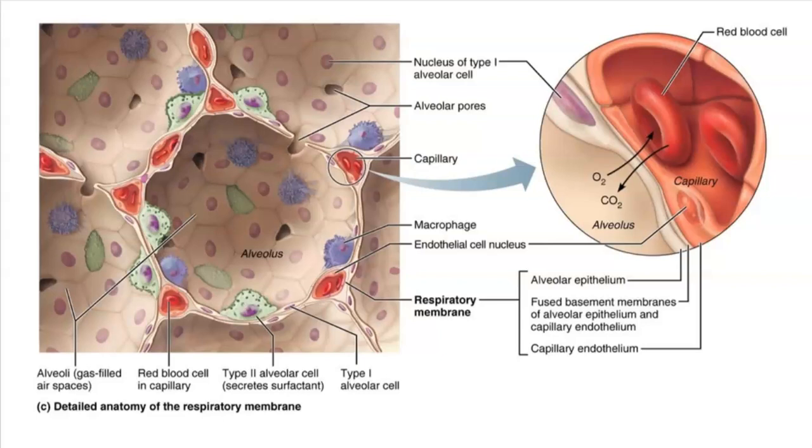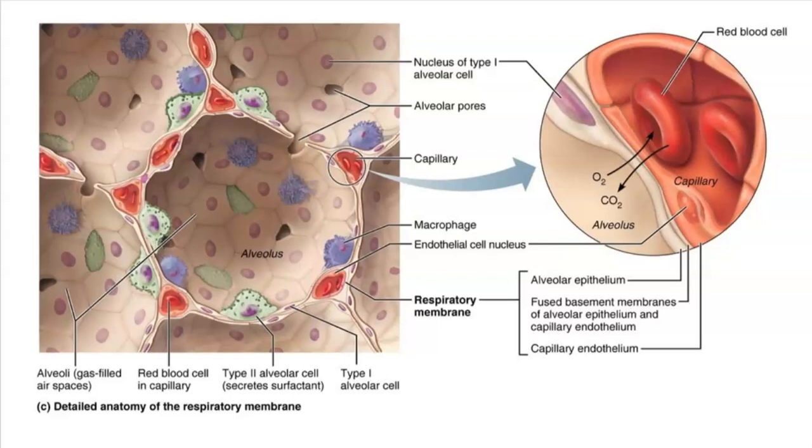We see that the lung tissue is mostly composed of alveoli, in particular the type 1 alveolar cells as well as the alveolar capillaries. But between the alveoli are bundles of elastic connective tissue. And this elastic connective tissue makes the lungs stretchy, and the alveoli themselves make the lungs kind of porous and spongy.